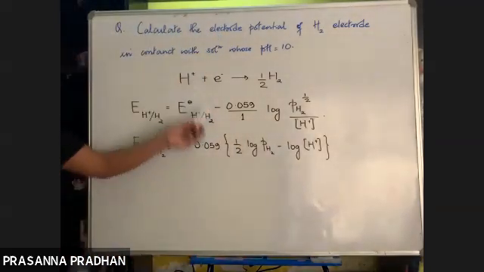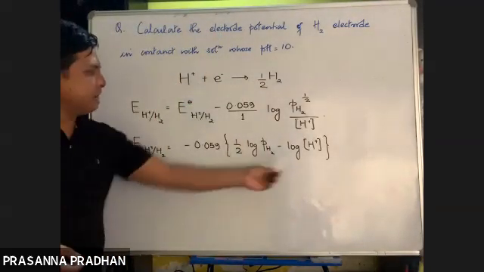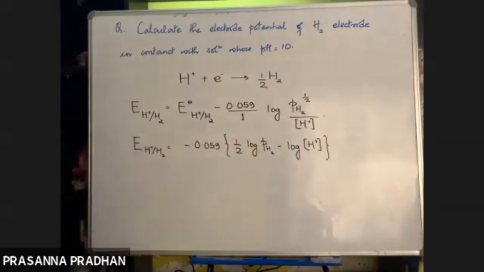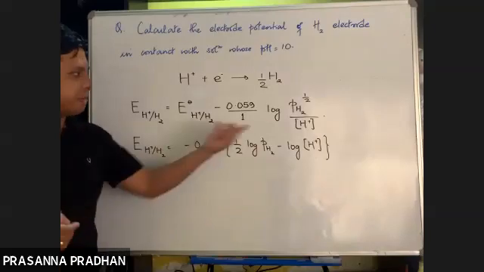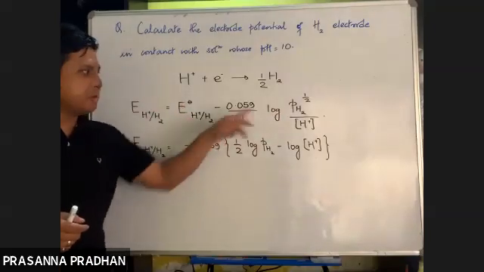From the formula we can easily derive this Nernst equation. It's so easy. We don't need to memorize. If you memorize, then you will get confused and forget this in the exam. So don't memorize these things.